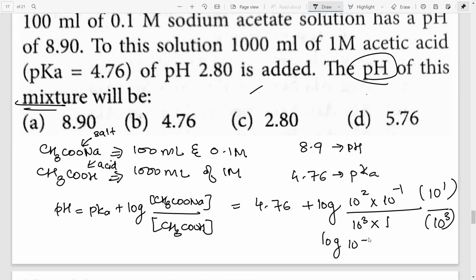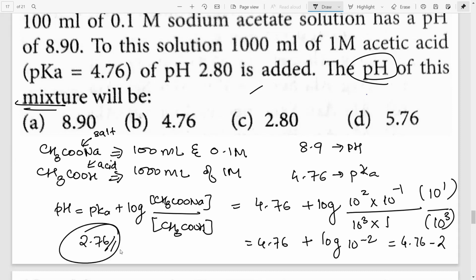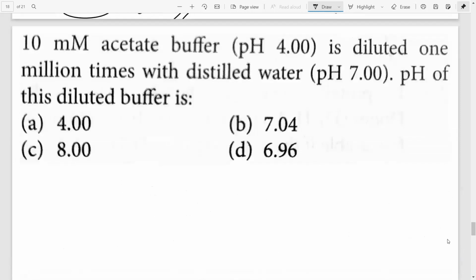So this is log of 10² plus 4.76. Now this 2 comes ahead, so it will become 2, 4.76 minus 2, which comes out to be 2.76, which is very close to 2.8. 3 is not in the option, 2.8 is. So this is the correct option, option C, right?